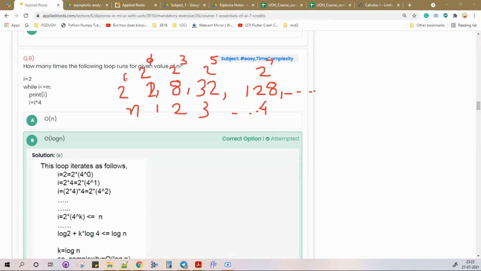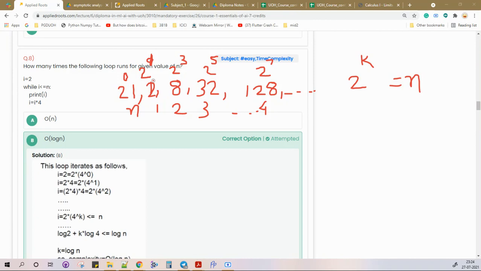So the powers are 1, 3, 5, 7, so it is increasing like this. So at last I will have something like 2 to the power k. And this loop will terminate when 2 to the power k is equal to n.